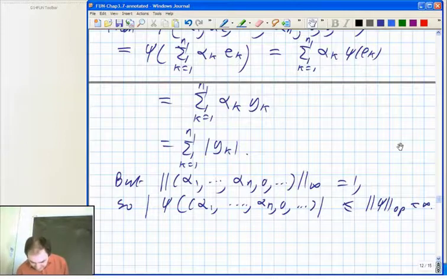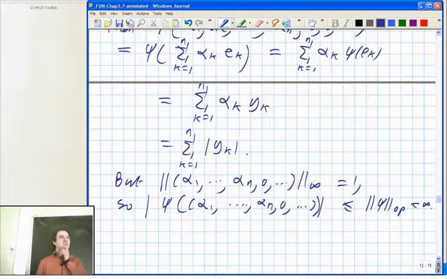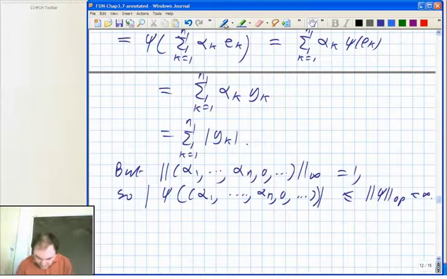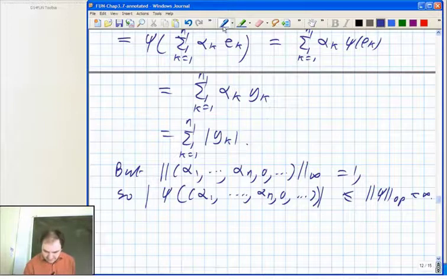It's a question of whether my notation for sequences has brackets around them or not. Anyway, so what we've got here is that this sum is at most the operator norm of psi.